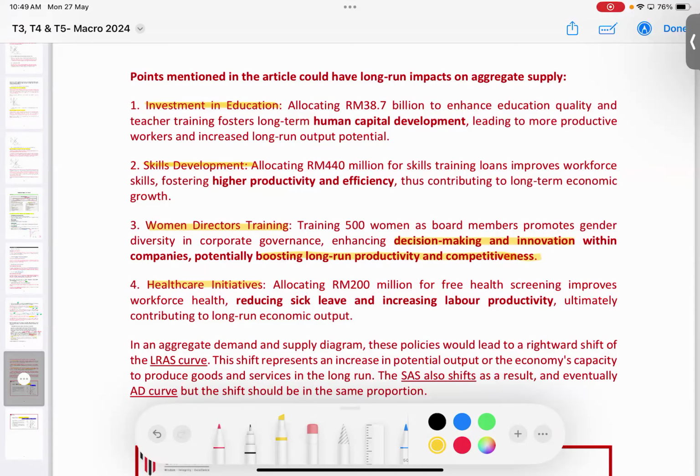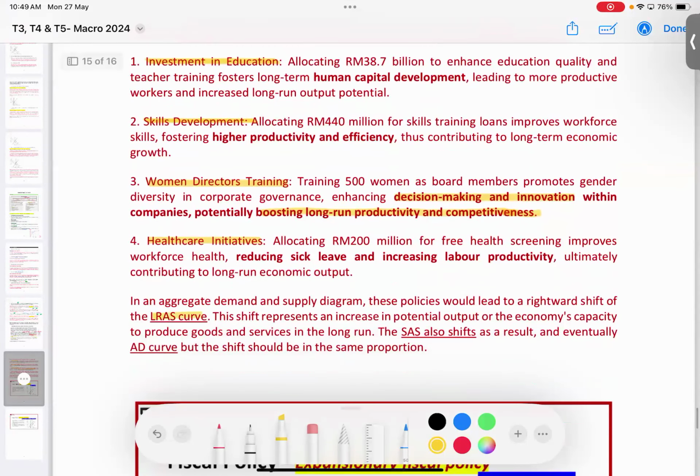Okay, so at the end you can see that the outcome is there will be a shift in the LAS curve, there will be a shift in the SAS curve, and lastly there will be a shift in the AD curve. Try to elaborate a bit as well. Like you can see that we say there will be a shift in the LAS curve because that increases the potential output. Okay, all these contribute to the human capital. Okay, and also the SAS will shift.